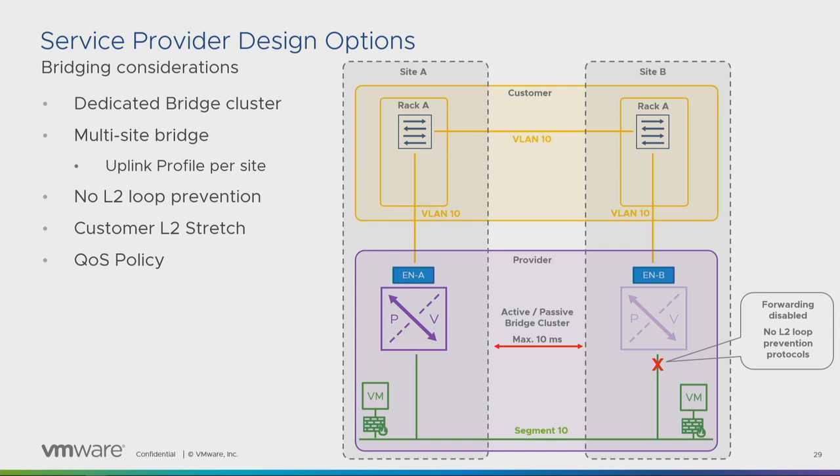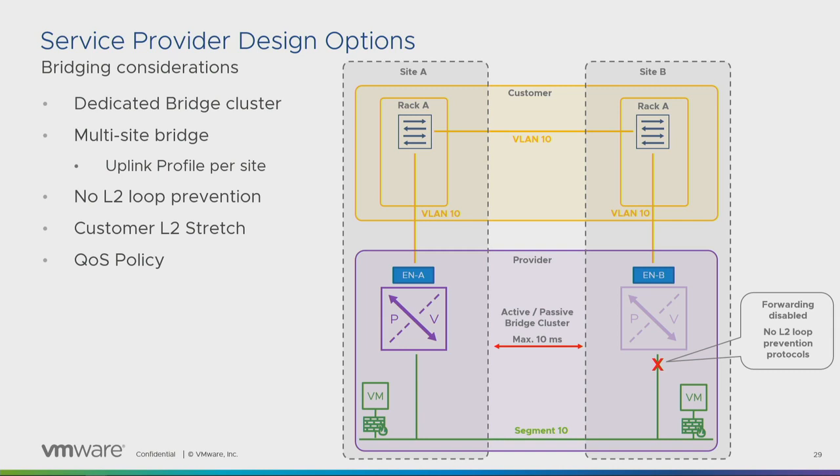So moving forward to bridging, in this example, I'll show you a multi-site bridge. What is important to know is that if you create bridging clusters in general, go for a dedicated set of edge nodes.